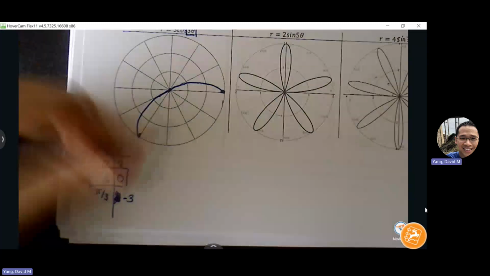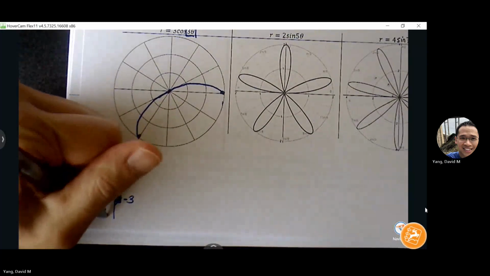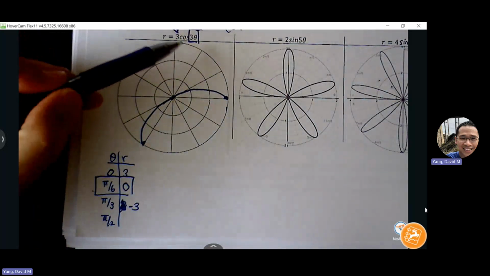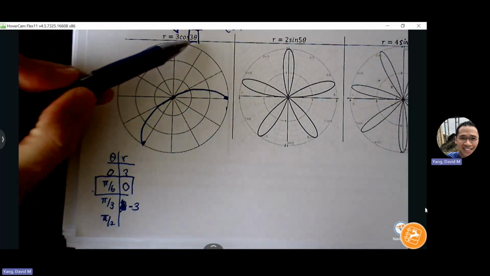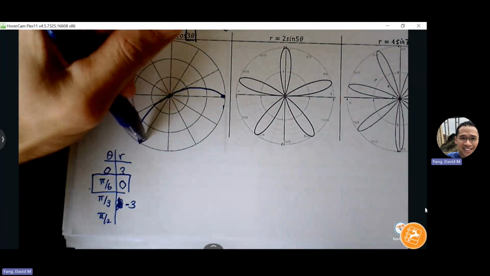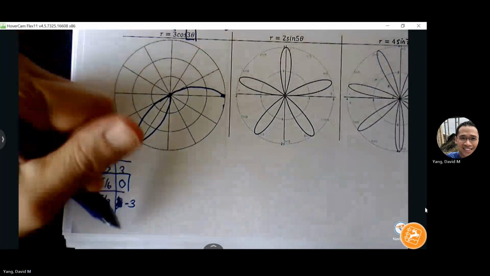Okay, next up, let's try pi over 2. Pi over 2 will cause this to turn into 3 pi over 2. What's cosine of 3 pi over 2? 0, right? So 3 times 0 is 0. So it's going to close in.